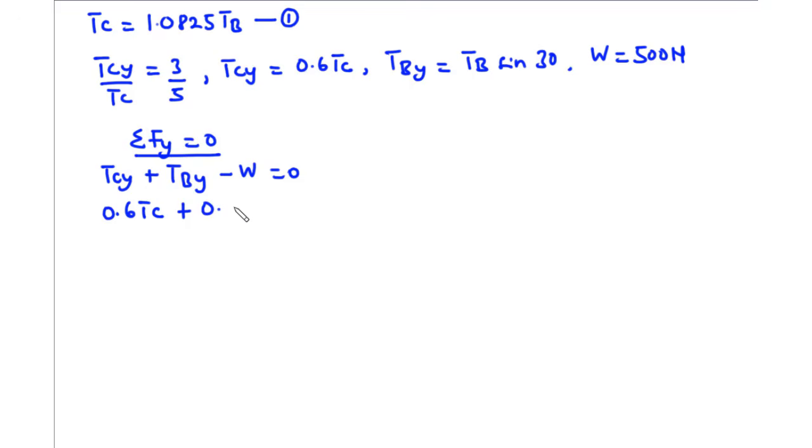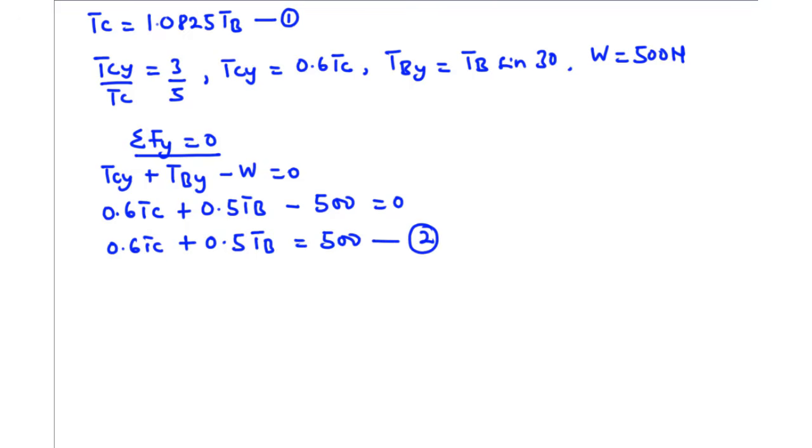So that becomes 0.5 TB minus 500 equals 0. Now we are going to transpose negative 500 to the right hand side. Therefore, we have 0.6 TC plus 0.5 TB equals 500. Now let's call this equation 2. Don't forget that we had equation 1 to be TC equals 1.0825 TB. So we are going to substitute this value into equation 2.